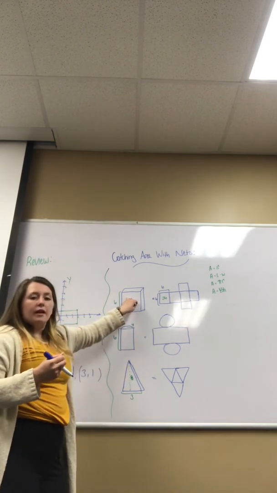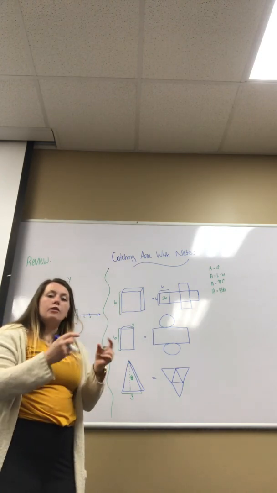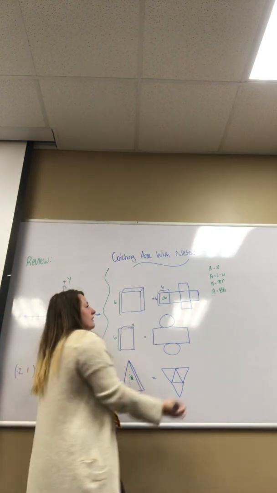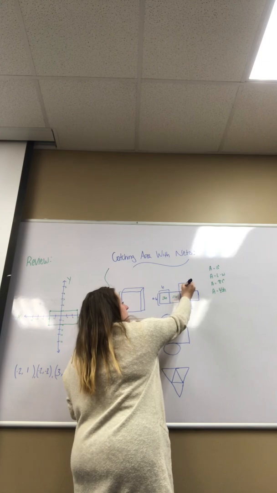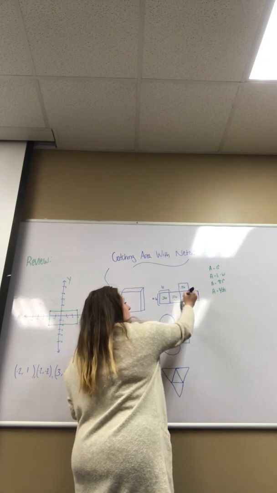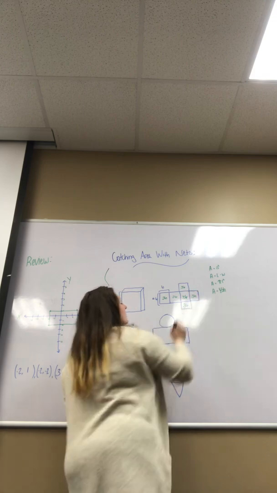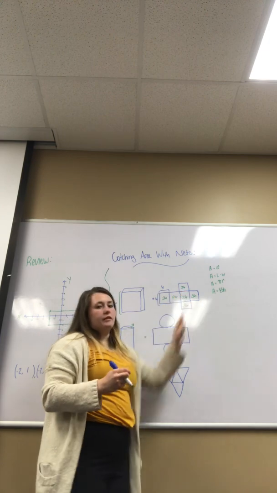They're all going to be the same lengths because it's a square, right? It's a cube. All sides of a square are the same. So this is 36. This is going to be 36, this is going to be 36, this is going to be 36, and 36. Because each one of these lengths are 6 times 6.